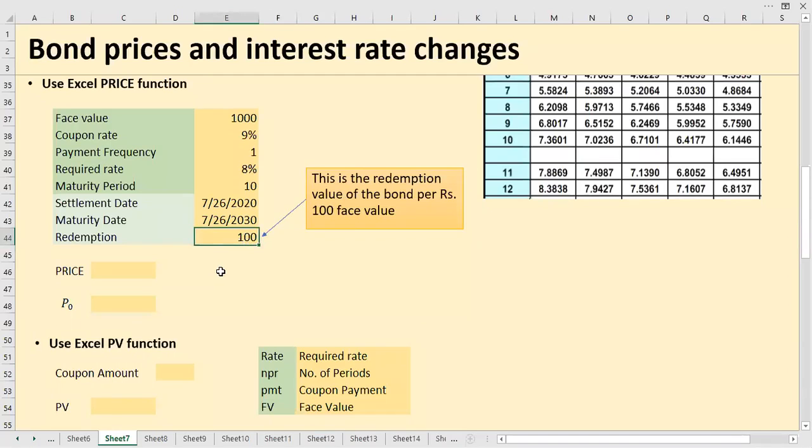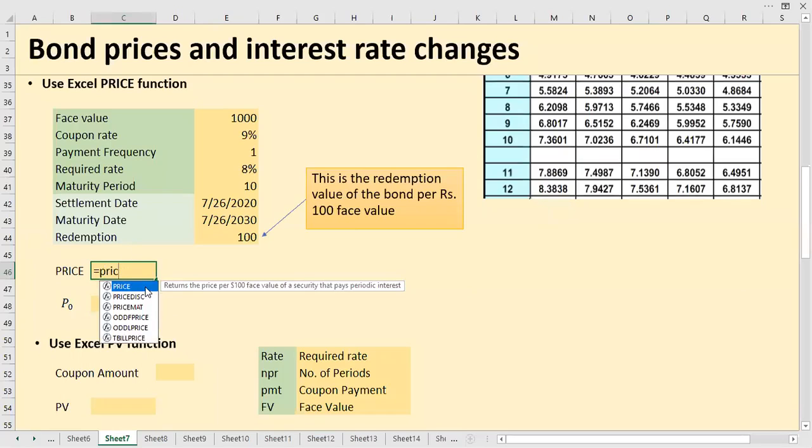So now I'm going to use this particular price formula. What you have to do is type equal price, and you get the formula. Settlement date is the date that we purchase this particular bond, so I will select that. Then separated by a comma, we have the maturity date, so I select that and put a comma.